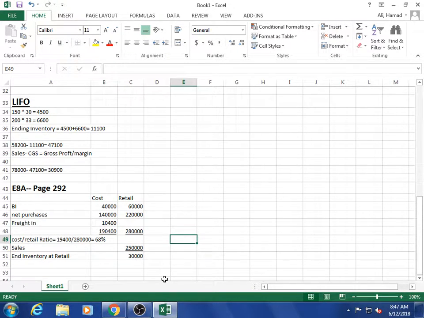Now we will apply the ratio. This is ending inventory at retail. We are looking for ending inventory at cost. What percentage of the retail is it? 68%.